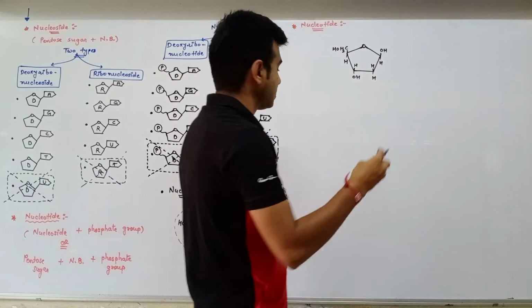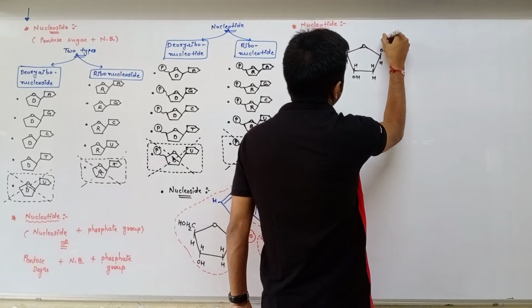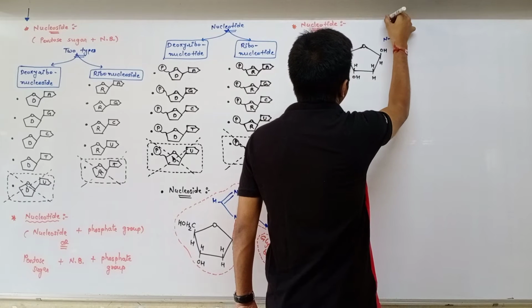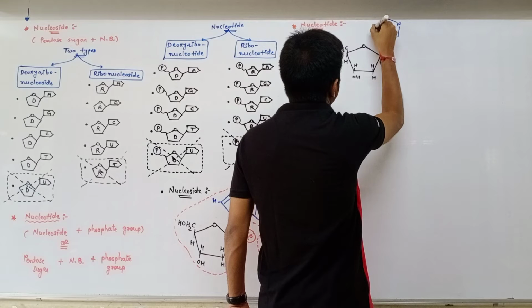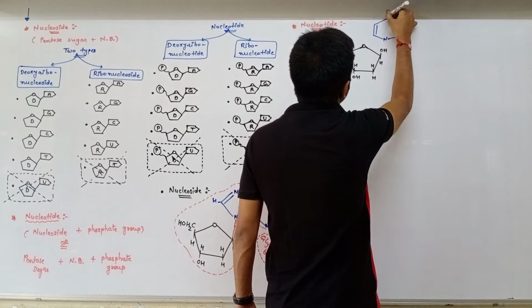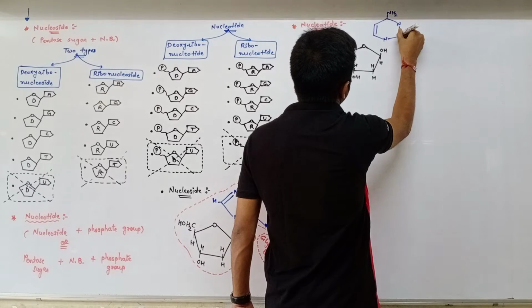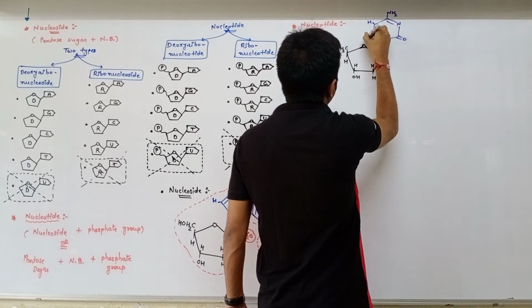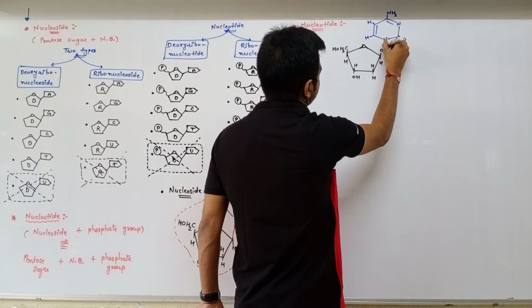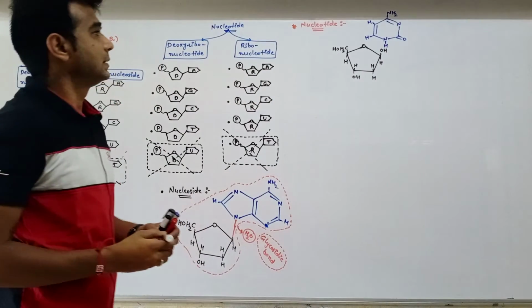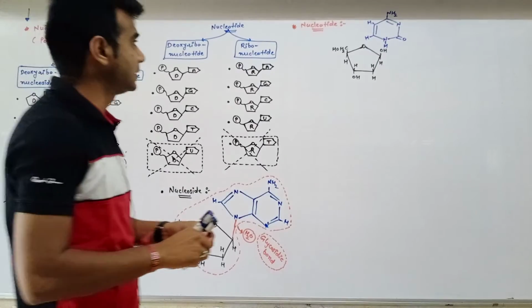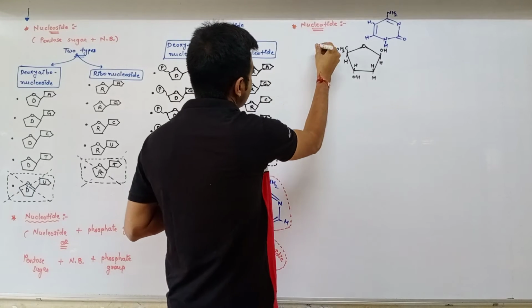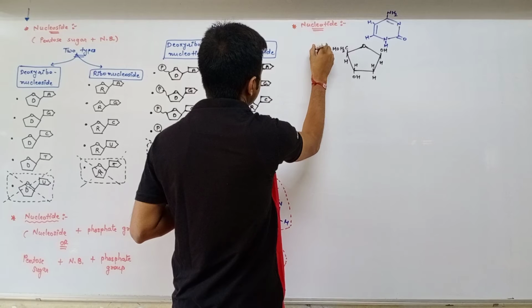Now cytosine. Cytosine 1 amino 3 keto. Yes, you know that now here bond is formed, nucleoside, and here phosphoric acid I am writing.